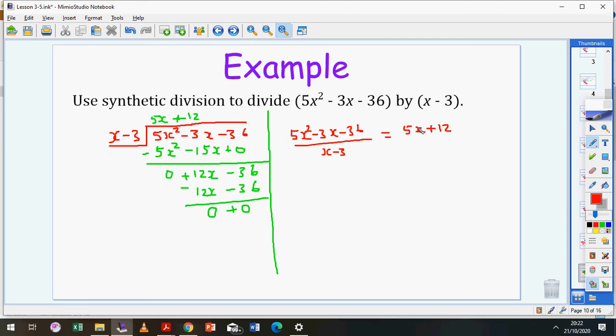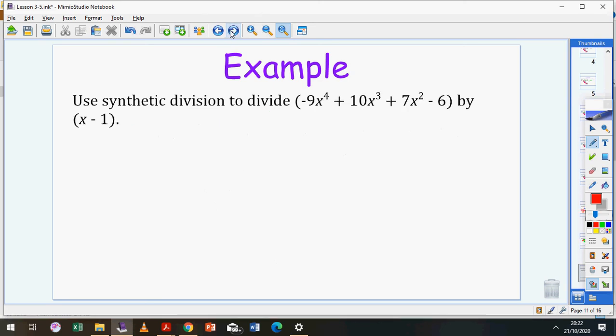If you want, it would have been plus the remainder divided by the divisor, but I don't have a remainder here, so it's just 5x plus 12 when you divide those two. This means that if you take 5x plus 12 and multiply it by x minus 3, it should give you back this expression. And you can try this on your own to see if I am right.